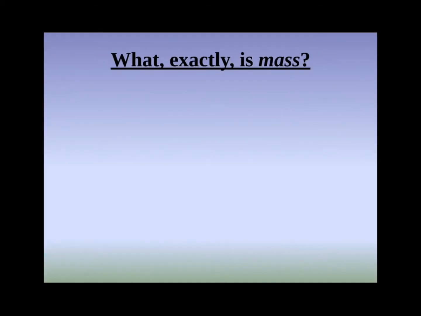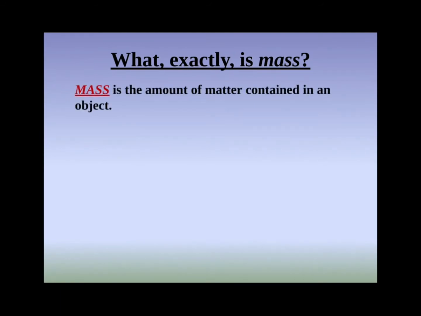So what exactly is mass? Mass is the amount of matter contained in an object. The mass is going to remain constant. It doesn't matter where we put our object, it's going to have the same amount of mass. You can put the school bus into space and it's still going to have the same amount of mass.